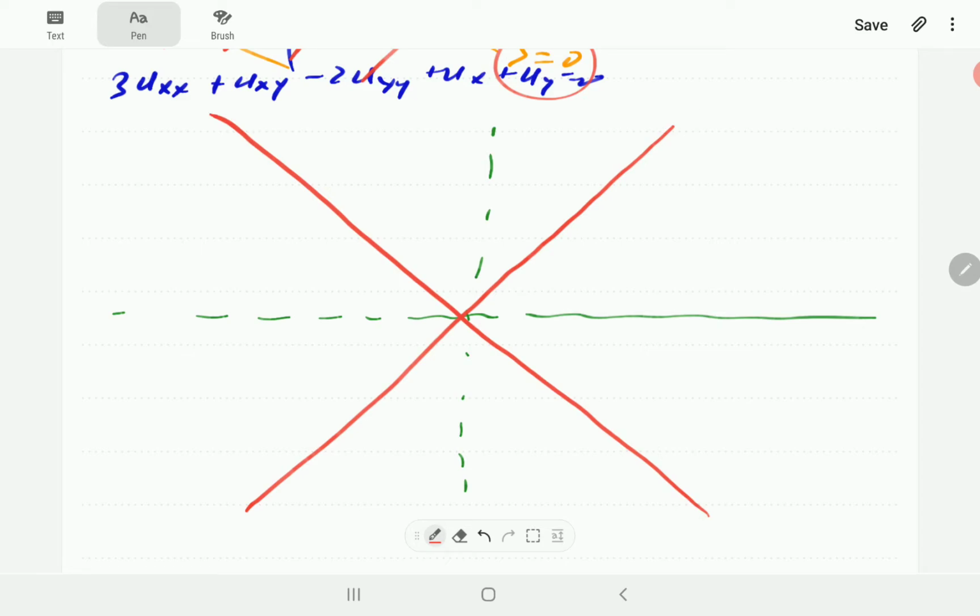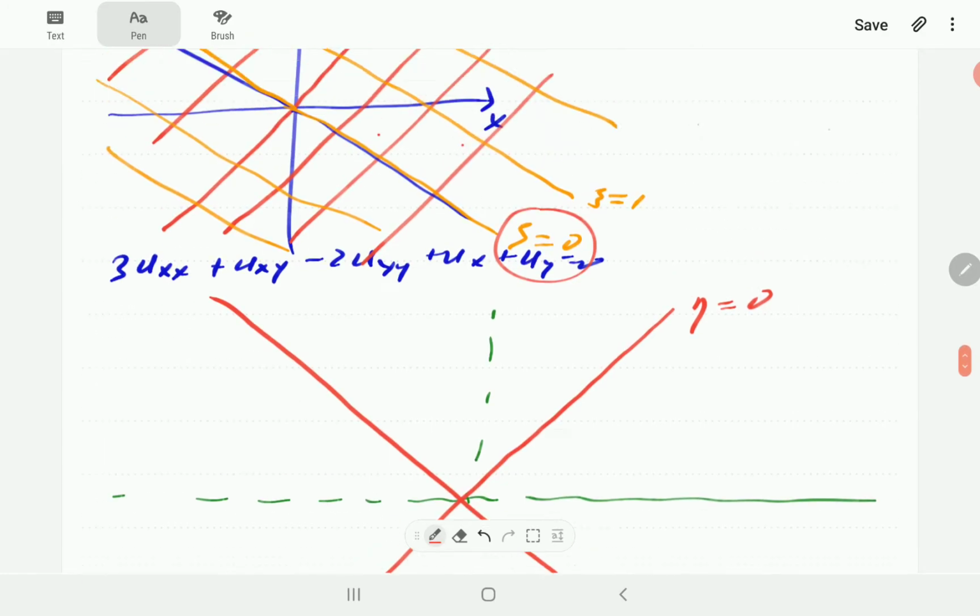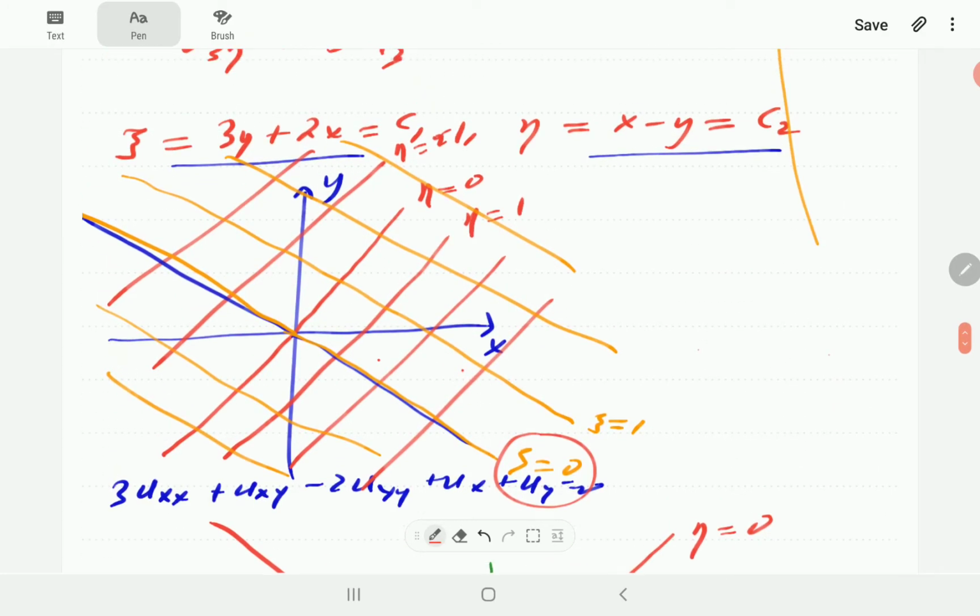So this is eta equal to 0. This is xi equal to 0. Just like in the xy coordinate system, this axis is y equal to 0, and this axis is x equal to 0.